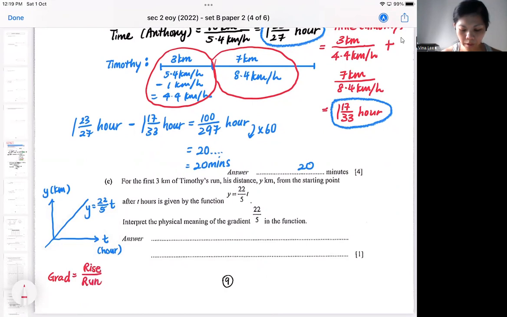I usually teach the gradient formula. So let's look at the gradient formula, then we relate it to the interpretation. If you look at the formula, this is the change in y values, and this is the change in x values.